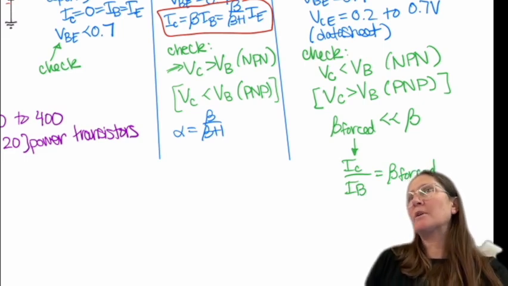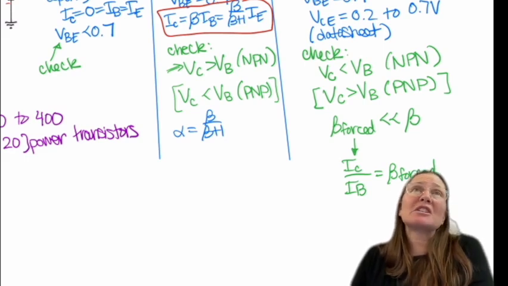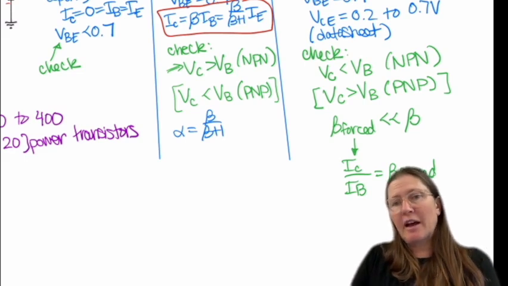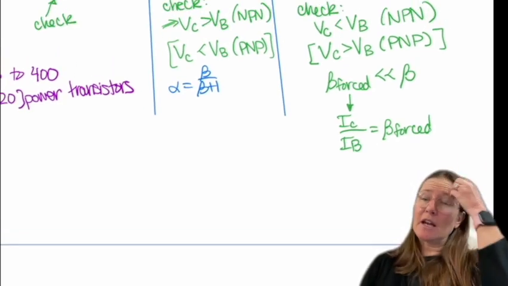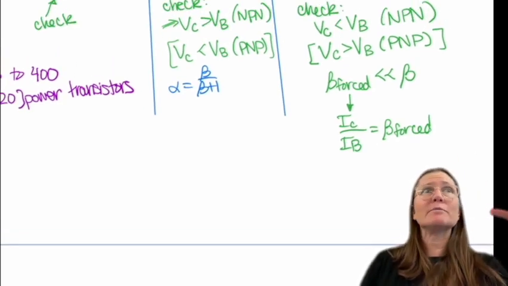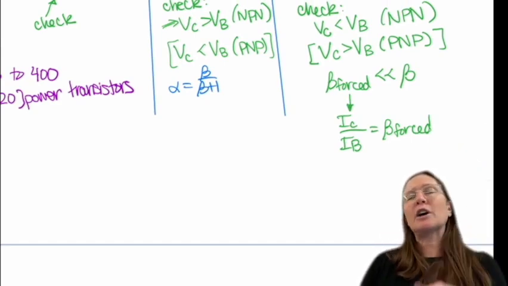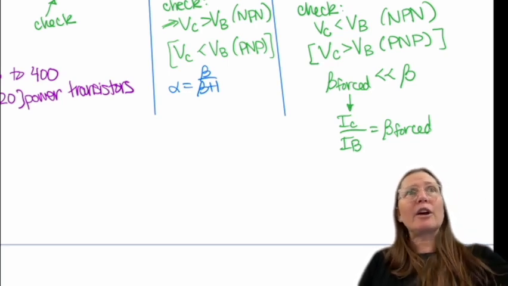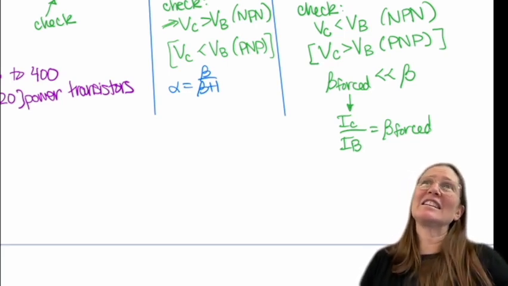Say you're given a beta and you assume it's 99. You solve your circuit using that beta and find that it's not in active mode, though you assumed active. So you move to saturation, you resolve the circuit, and you calculate beta forced from your IC and IB values, and you find out it's 98 instead of 99.